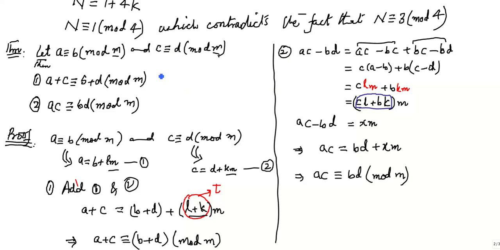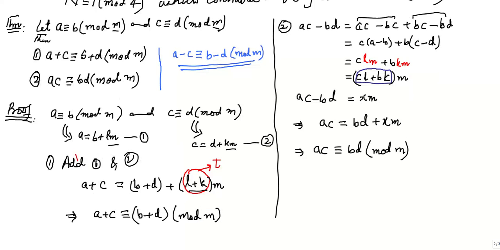It is also applicable for the difference. So, A minus C is congruent to B minus D modulo M. So, for sum we have A plus C congruent to B plus D modulo M, and we also have A minus C congruent to B minus D modulo M.